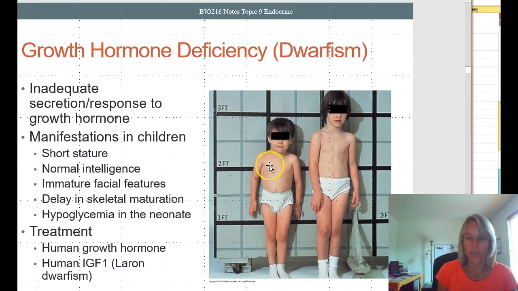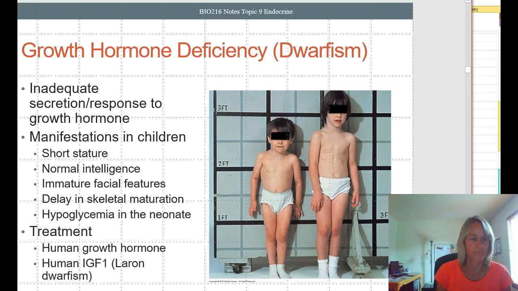Here's some twins, one with dwarfism and one without. Treatment is going to be with human growth hormone, or in the case of Laron dwarfism, human IGF-1.